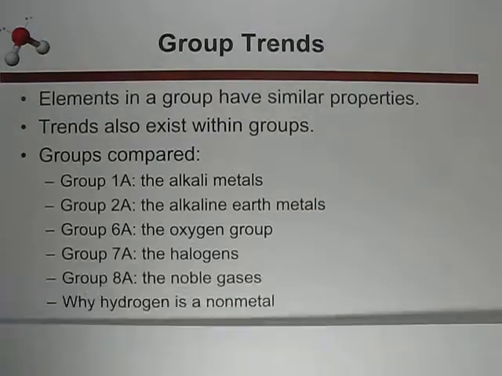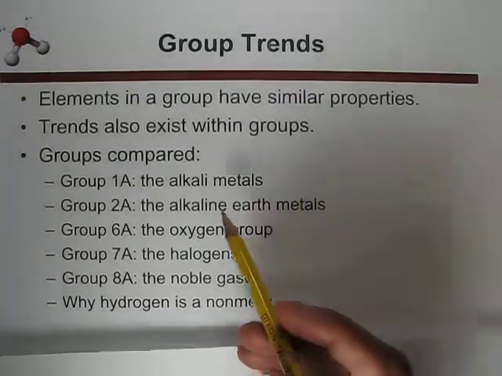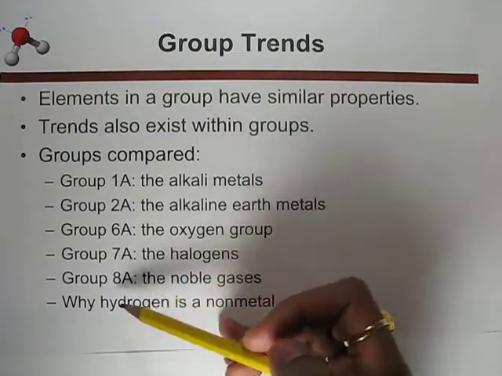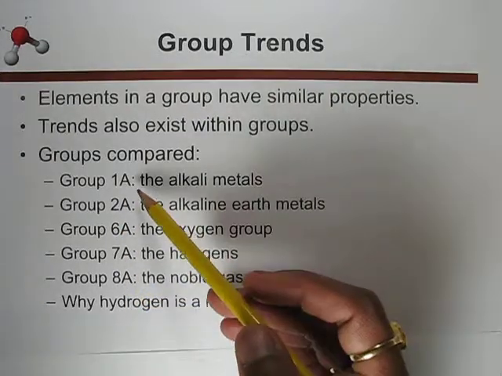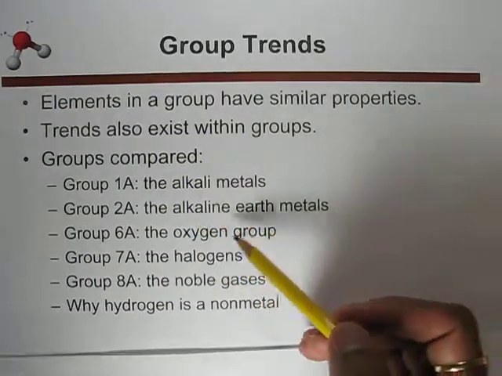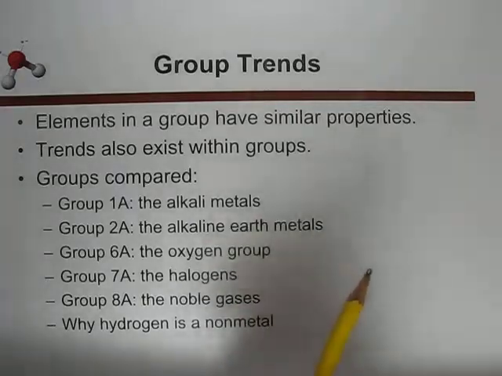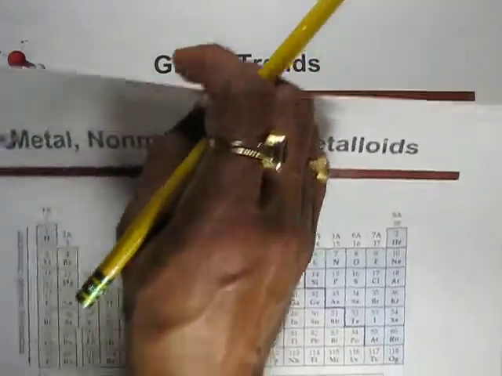In groups, what we have to study mainly are 1A, 2A, 6A, 7A, and 8A. So: alkali metals, alkaline earth metals, the oxygen group, halogens, and noble gases. And why hydrogen is a non-metal.